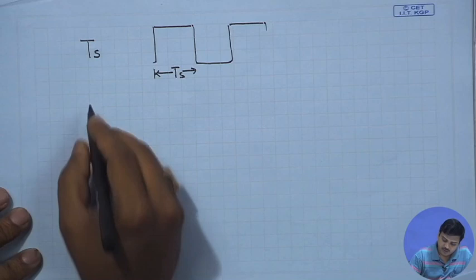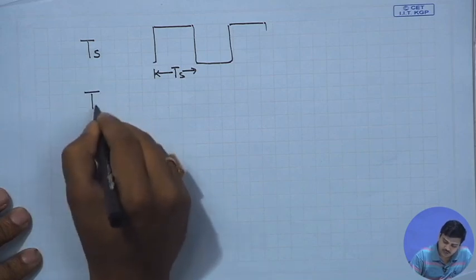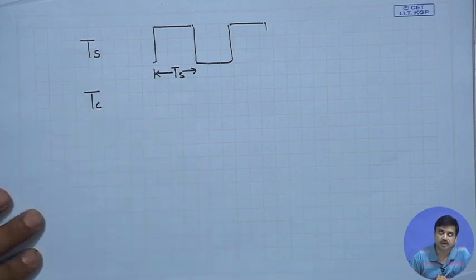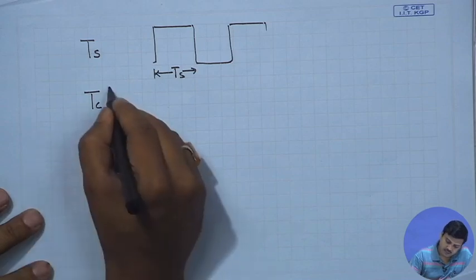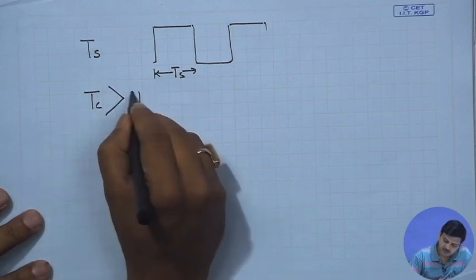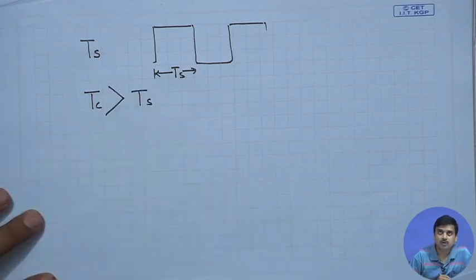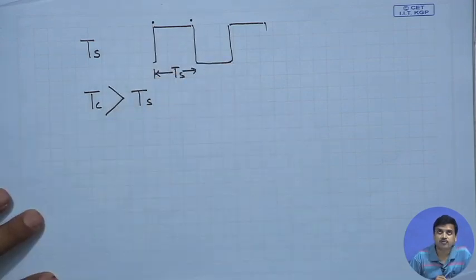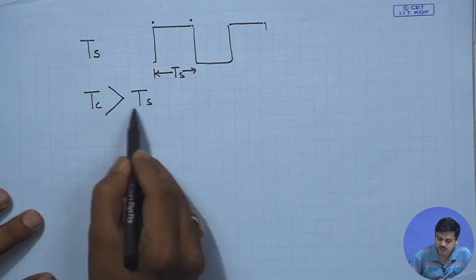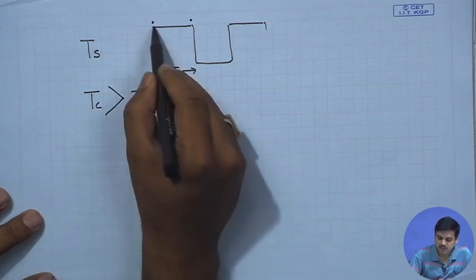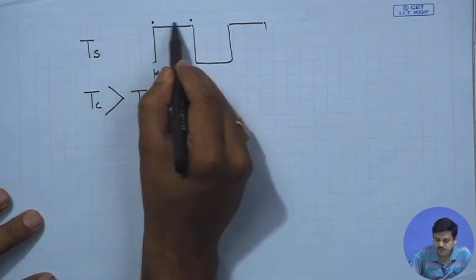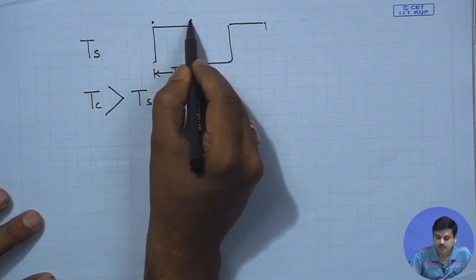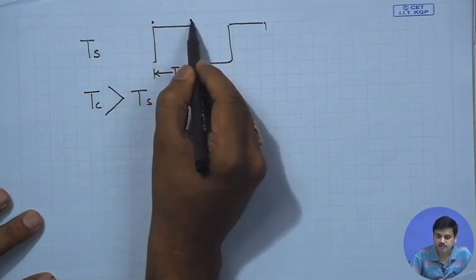If the coherence time, as we measure in multiple ways, is larger than the symbol duration, what will happen? The channel at this point and this point would be correlated, because coherence time is larger than symbol duration. Across this time, which is less than coherence time, the channel is nearly flat.